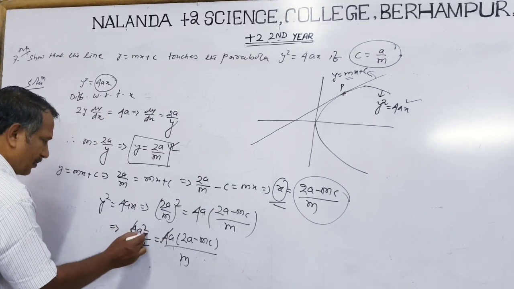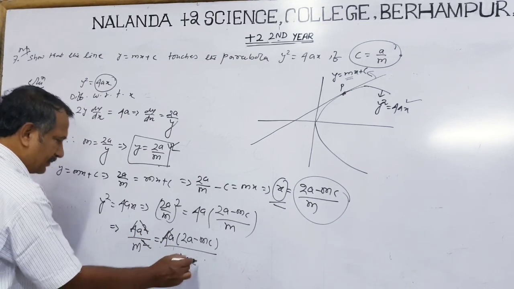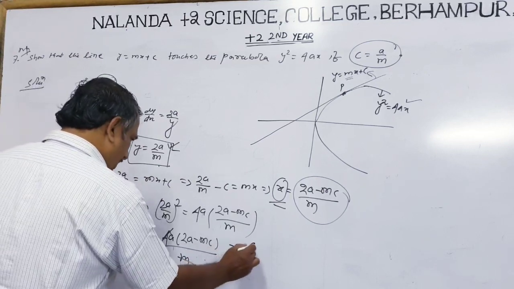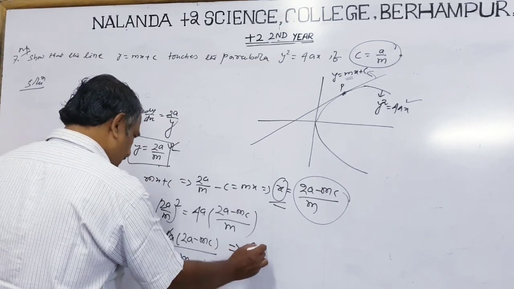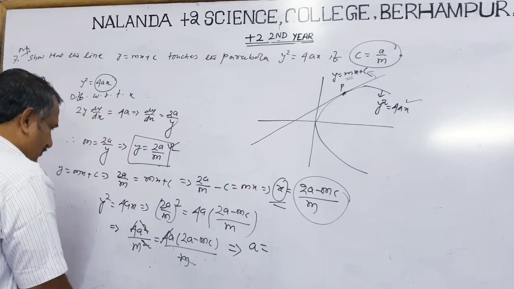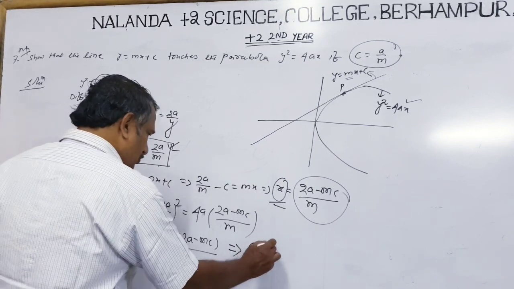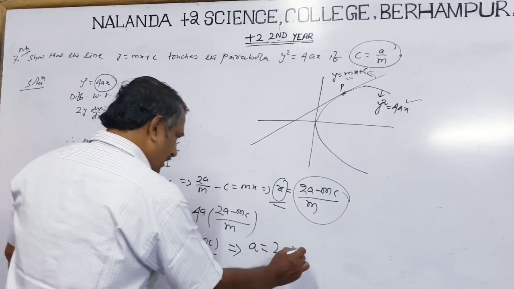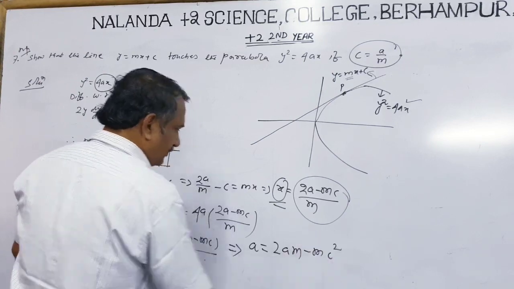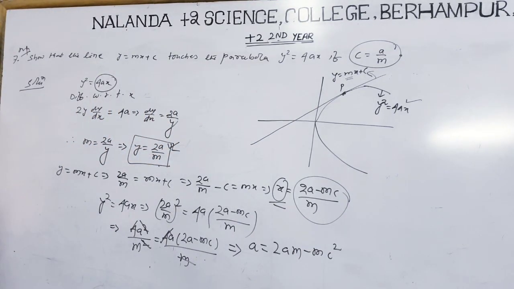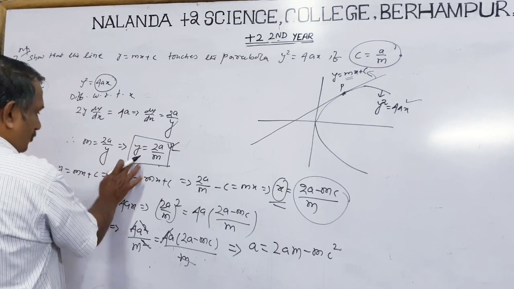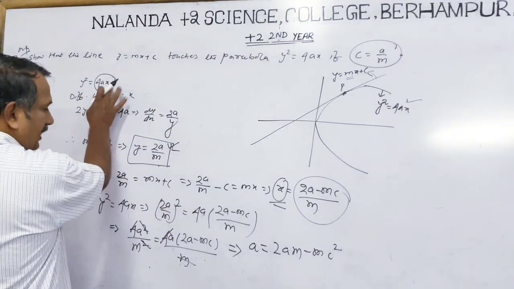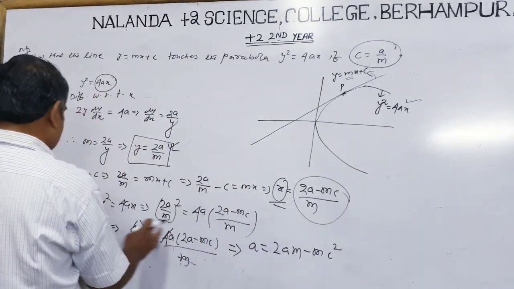Now 4 and one a and m cancel out. Multiply, so 2a m minus mc square.